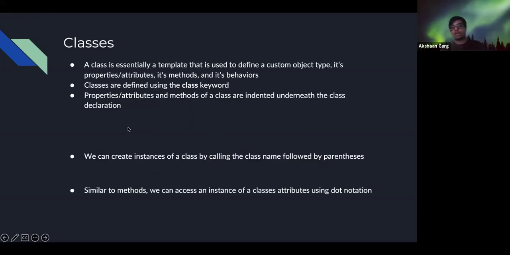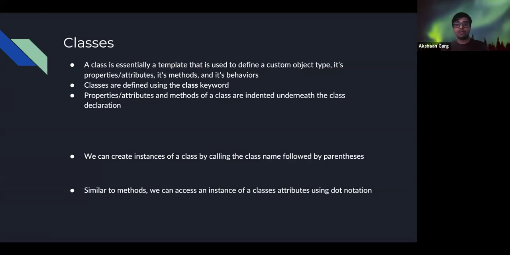So what is a class? A class is essentially a template that is used to define a custom object type, right? So the definition of how an object should be is called a class. Its properties and attributes, its methods and its behaviors, right? So all of these things will be defined within the class. Classes are defined using the class keyword.